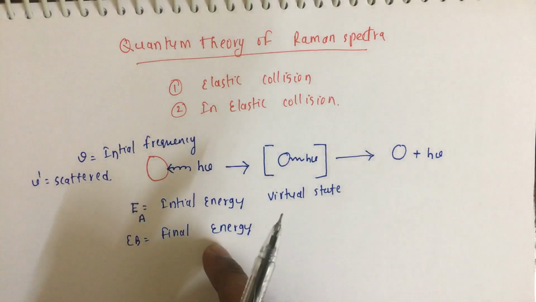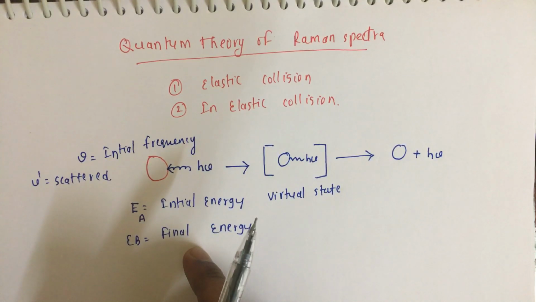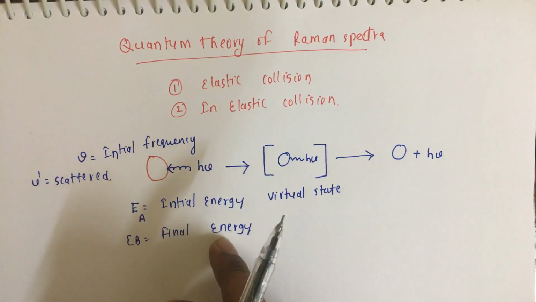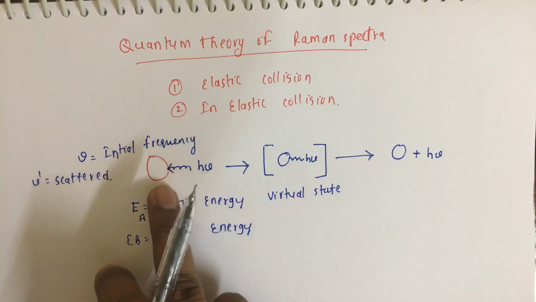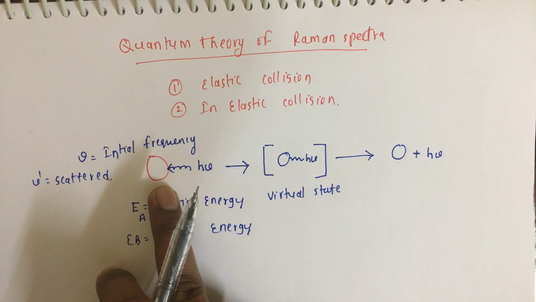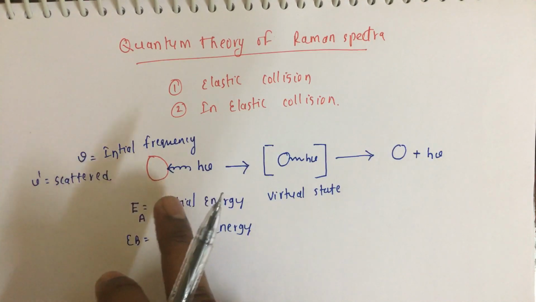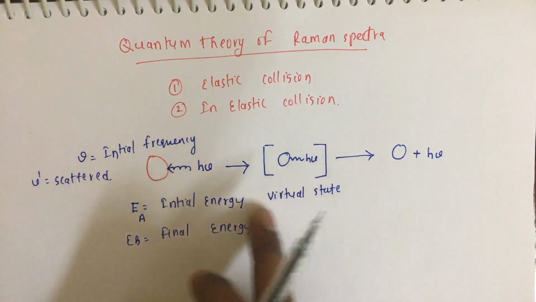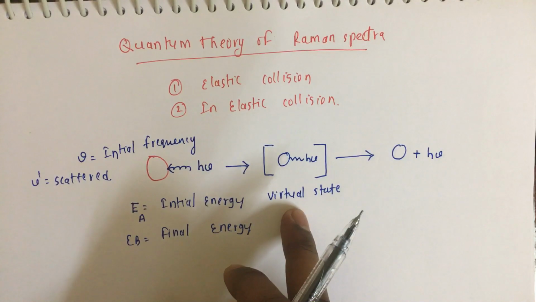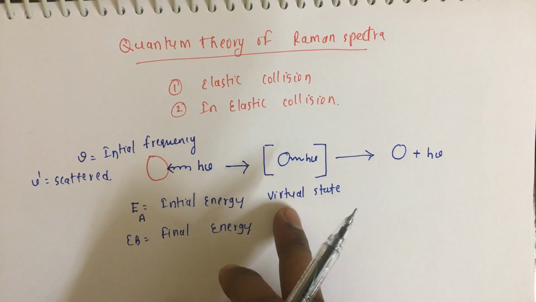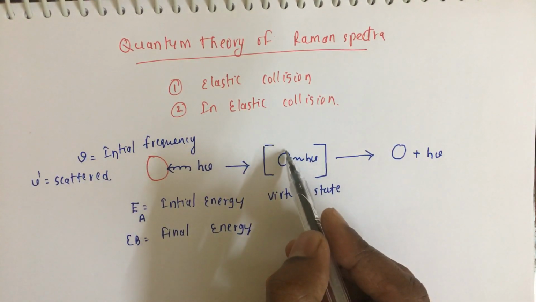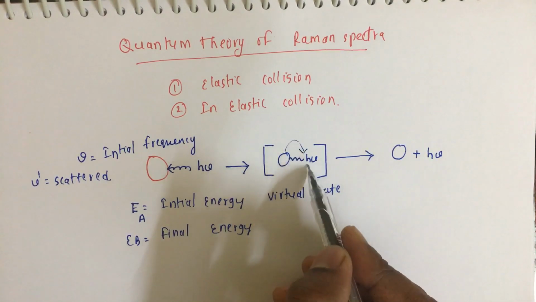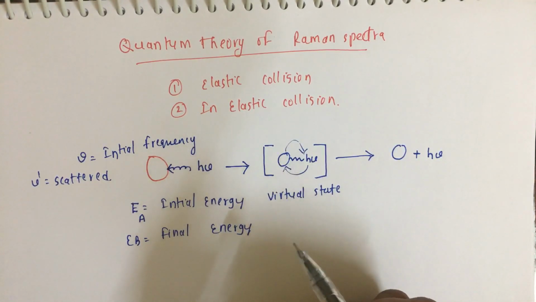The oscillating electric field associated with a photon of energy h nu will interact with the molecule. And now for a small time it will be in the new state, called a virtual state. After that, there is a chance that energy can transfer from here to here or from here to here, and similarly the frequency.